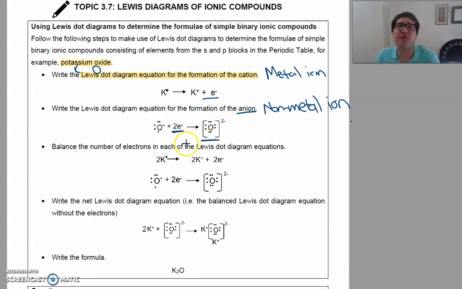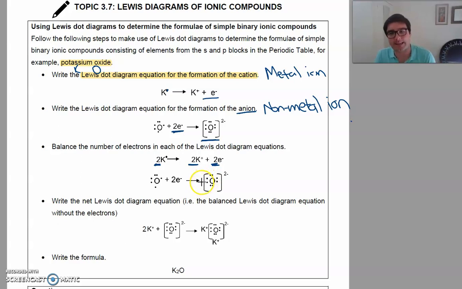If we need 2 electrons for the oxygen atom to become an oxide ion, we must have 2 potassium atoms, which form 2 potassium ions, releasing 2 electrons. So the oxygen atom accepts the 2 electrons and becomes the oxide ion. The amount of electrons given away by the metal ions must be the amount that the non-metal ions can accept.